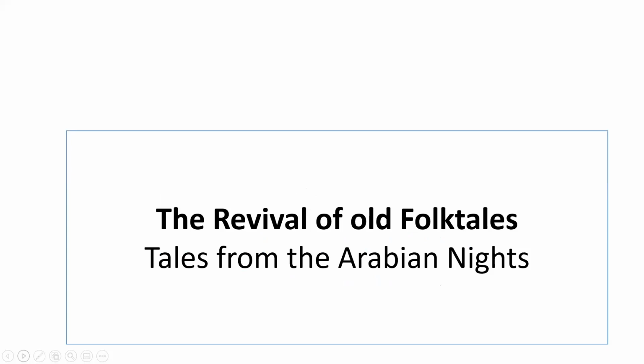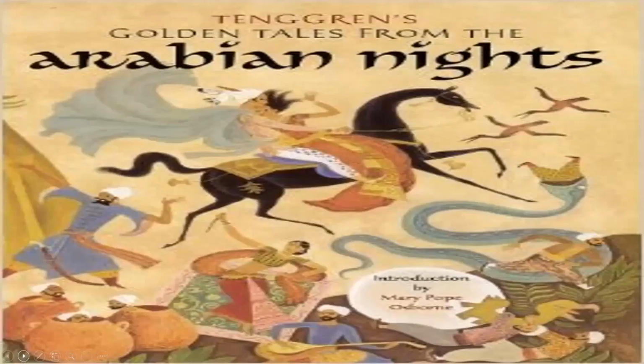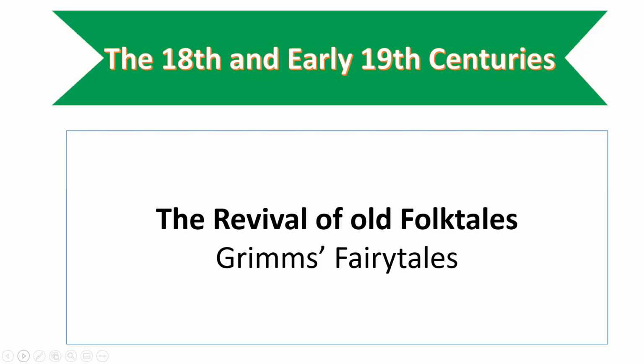Let's say the compilation of stories in Arabian Nights. Right? So that is one. Then still revival of old stories of classical literatures or of folk tales. We have the Grimms' fairy tales by the Brothers Grimm. Although the version of Grimms' fairy tales is somehow very negative and it has a lot of dark things there.